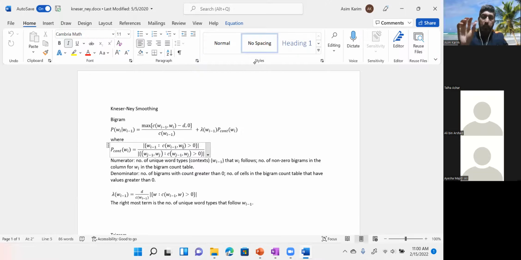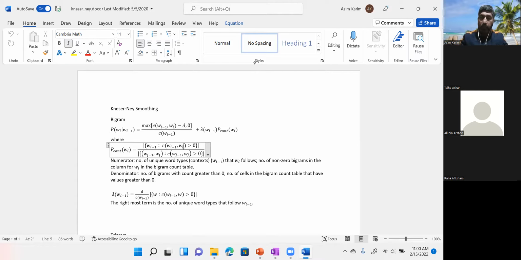This means that we are counting, Wi is the word of interest. We are counting Wi minus 1s for which this Wi is a continuation. And we are counting how many such continuations actually occur in our corpus, observed. So that's why it's greater than 0.